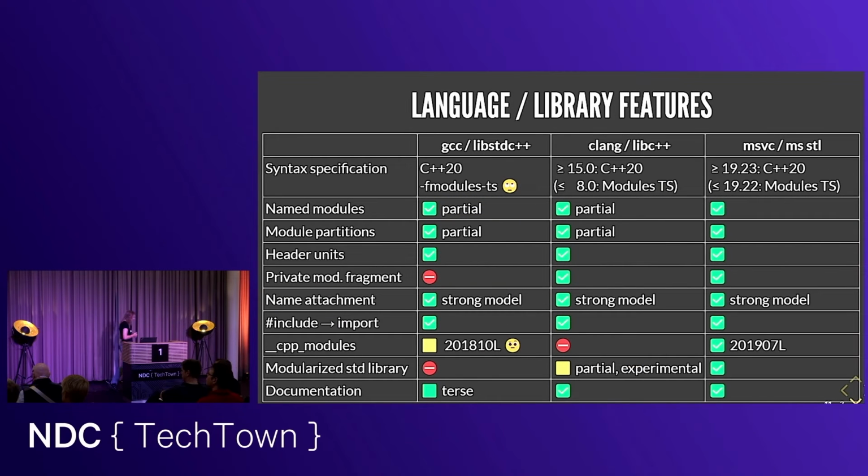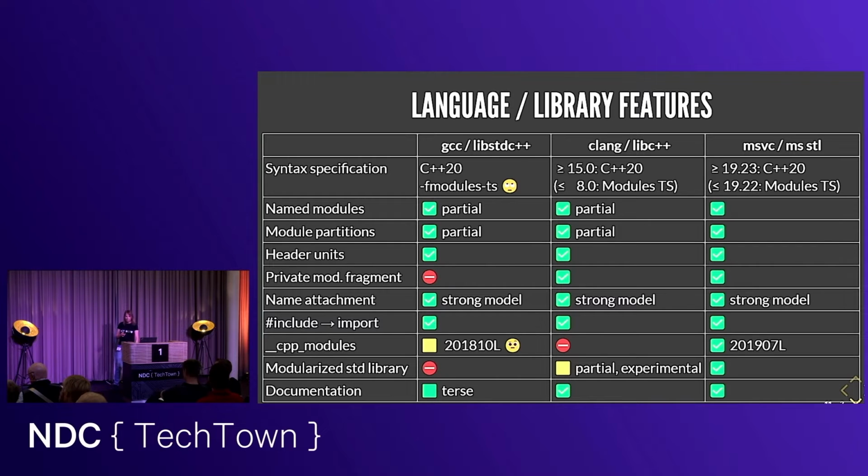This is a table that you may have seen before in other talks. In talks from the last years, you had way more red marks in there. We are in 2023, and it's quite encouraging to see lots of green marks now. MSVC is actually in a state that I would consider production ready.